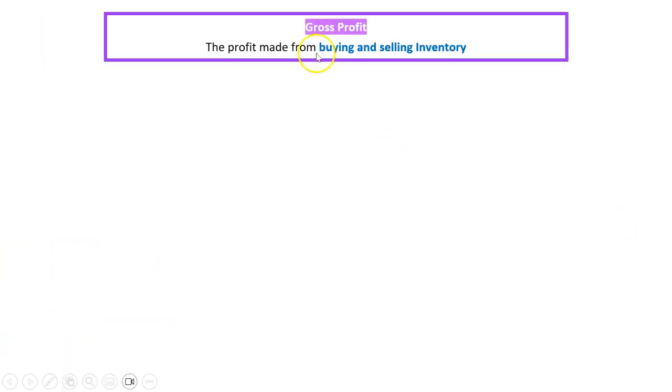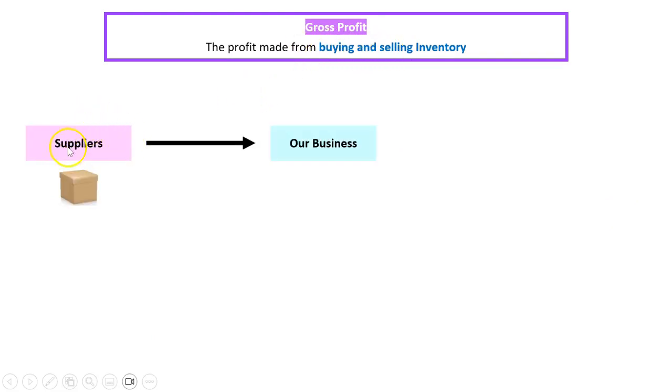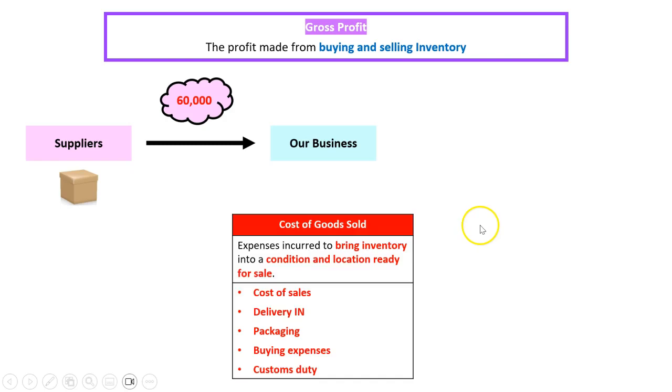So what are they? Well, let's just take it from the very beginning. We're doing trading firms which buy and sell inventory, all right? So here's the suppliers, here's our business, and here's the inventory. We buy that for one price, and let's say in this case that's $60,000. We're going to call all the expenses incurred to bring inventory into a condition or location ready for sale something called cost of goods sold.